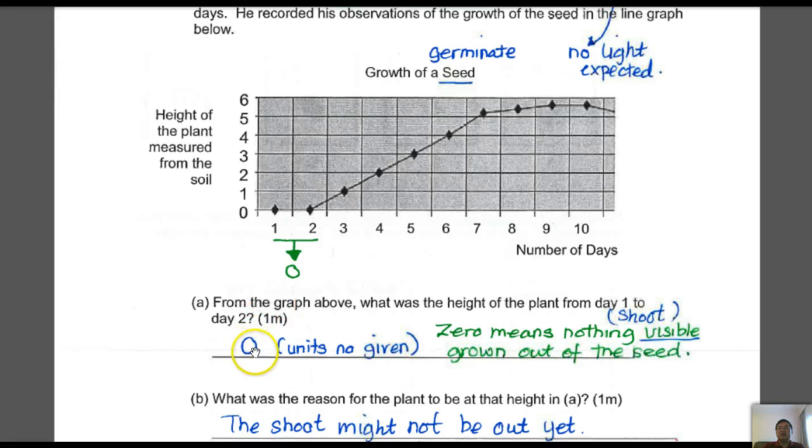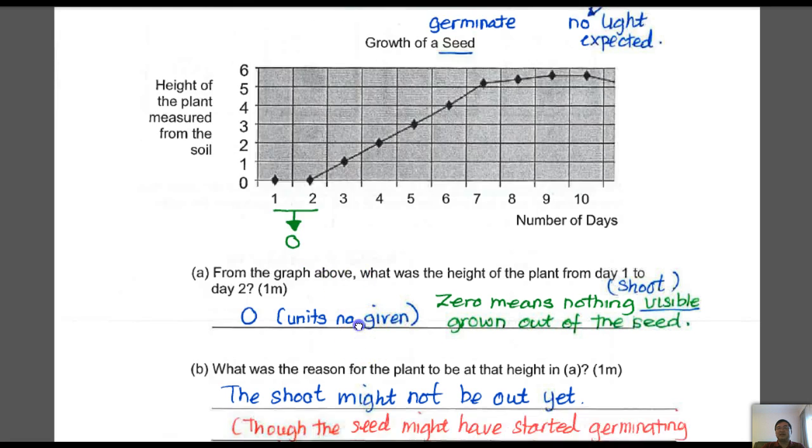You can just put 0, or 0 cm is fine. 0 means nothing visible has grown out of the seed, but it does not mean that the seed is not germinating, right? The roots could have been germinating, but they grow downwards, they do not grow out of the soil for you to measure the height.